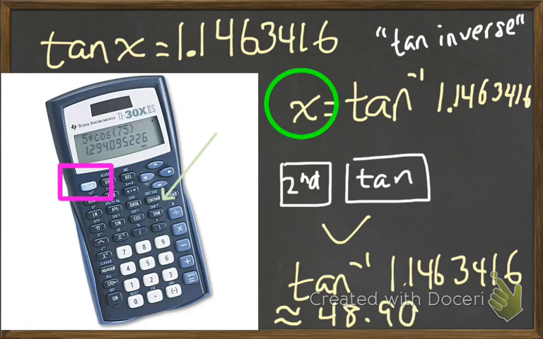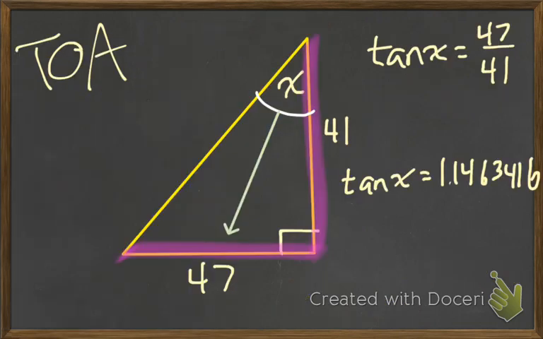Okay, which means, let's go back to my picture. We're solving for my angle measure. My angle measure here is 48.9 degrees. It's approximately 48.9 degrees.